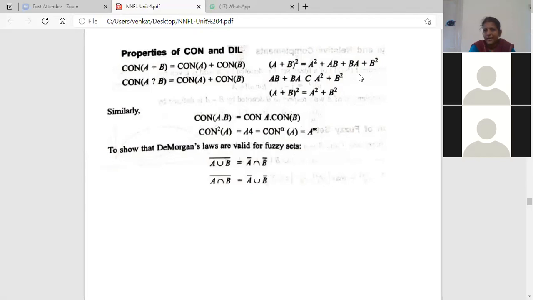So here you can see this, apply the De Morgan's laws. Already while learning classical theory, we have learned this De Morgan's laws.